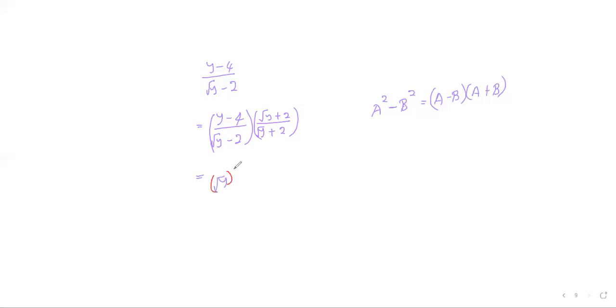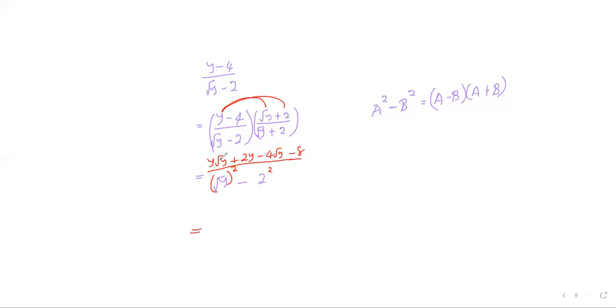So on the bottom, I have the difference of two squares, going to be the root of y squared minus 2 squared. On top here, y times the root of y is going to be y root y, the root of y times 2 is going to be plus 2 root y. Then minus 4 times the root of y is minus 4 root y, and minus 8.